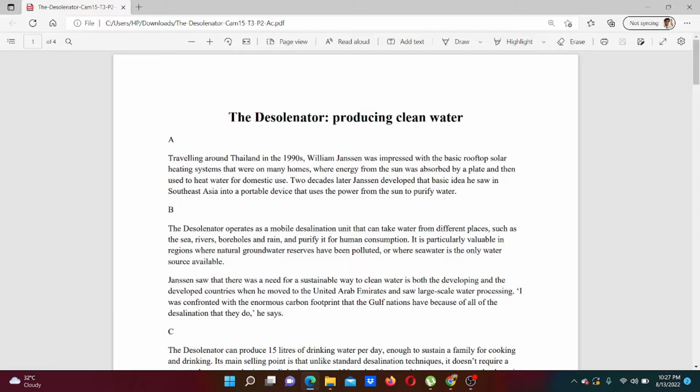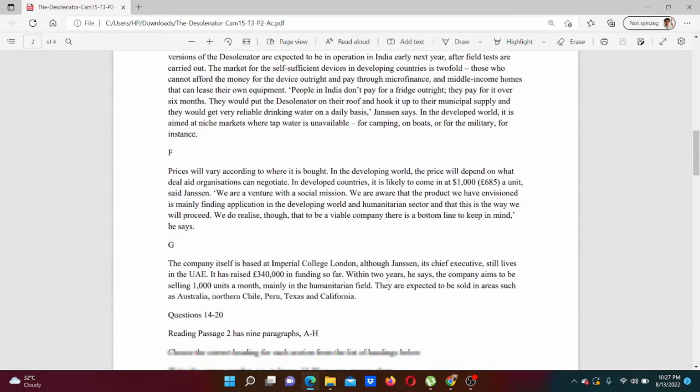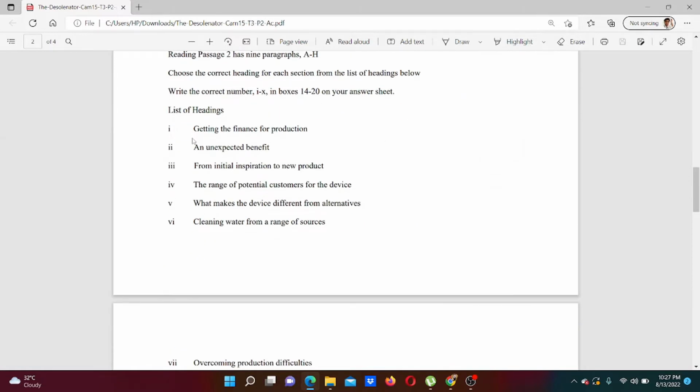The topic is the desalinator producing clean water, and then we have to go to the list of headings and identify the keywords of each and every heading, and then find out where we can match the paragraph. And also, some students find two appropriate headings for one paragraph. That is a very common scenario, and I'm also going to show you how we can solve those problems.